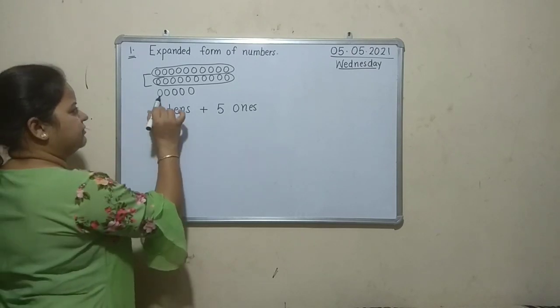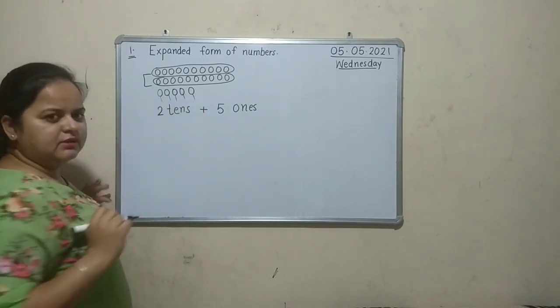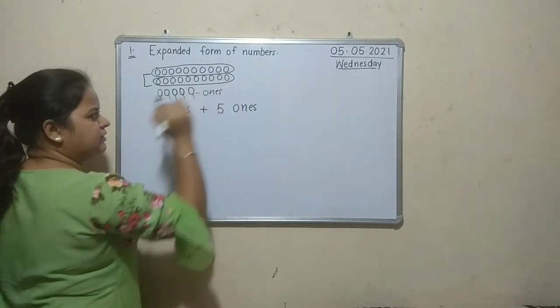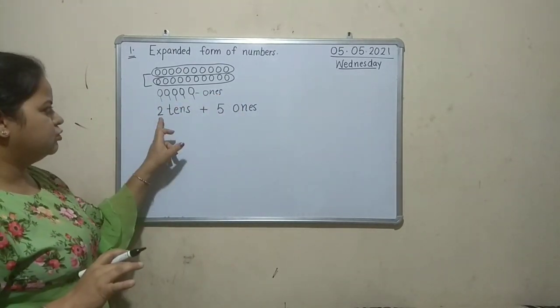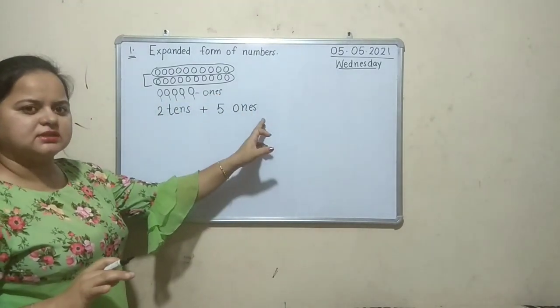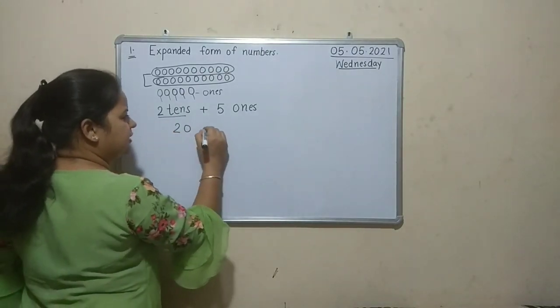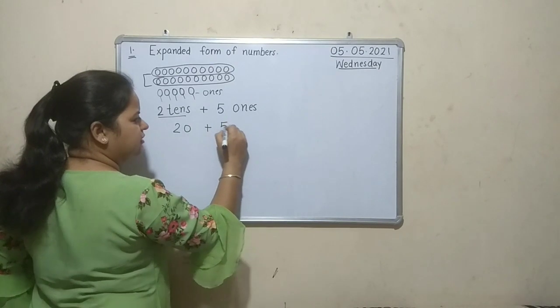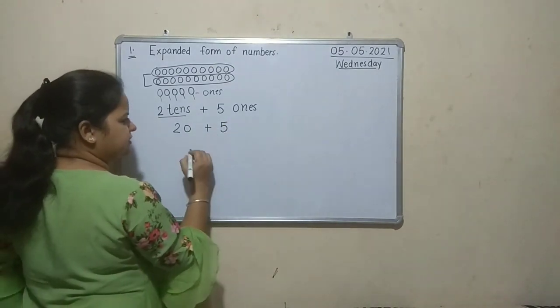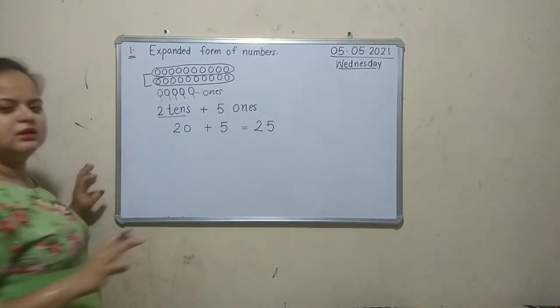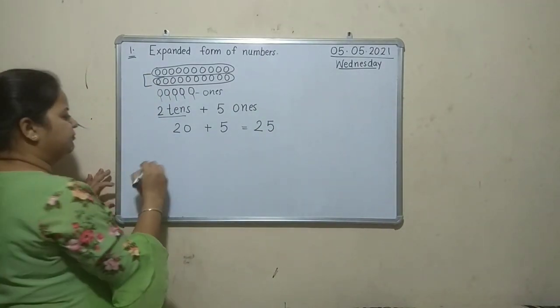And these are 1, 2, 3, 4, 5, which are 5 ones. So 2 tens plus 5 ones. 2 tens means 20, plus 5 ones means 5. So 20 plus 5 is 25. What is the answer? 25.